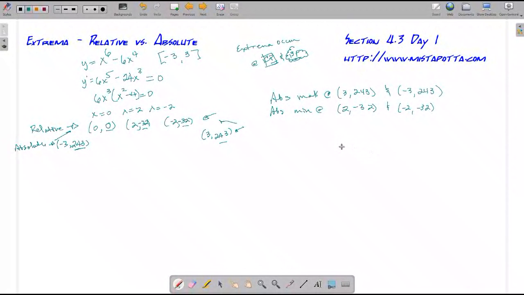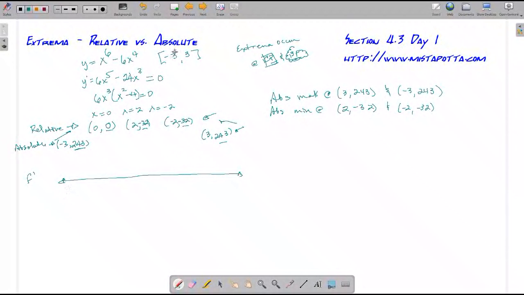So now I want to consider these relative extrema. And if I want to look at relative extrema, I need to look at the behavior of my derivative function. I don't really care too much about this restricted domain anymore.